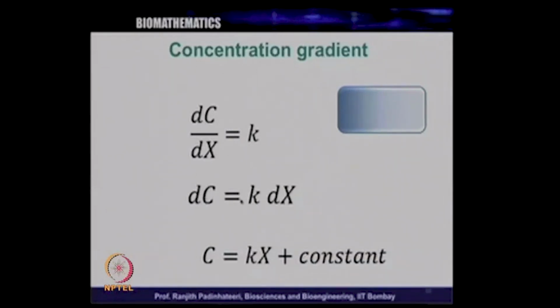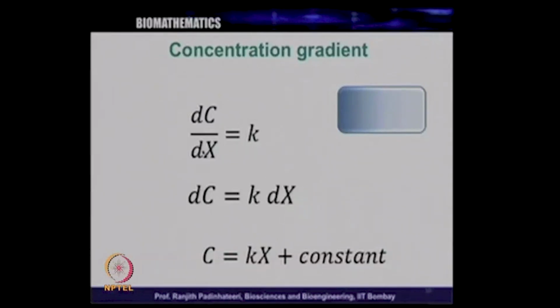So, dC can be written as k dx, and you can integrate both sides. The integral of dC is C, k is a constant, and the integral of dx is just x. So, it is kx plus a constant. That means there is a concentration gradient.